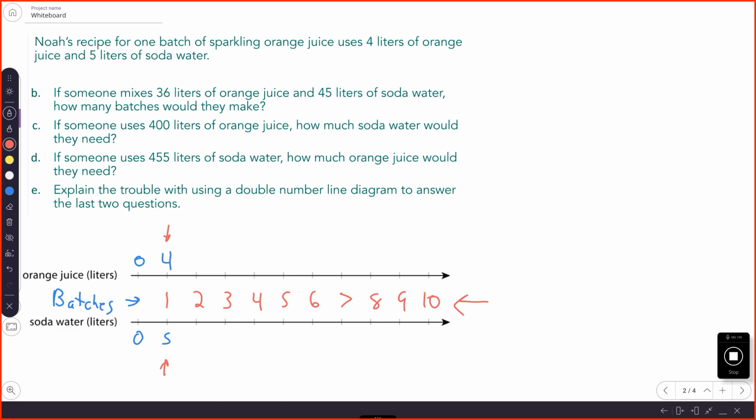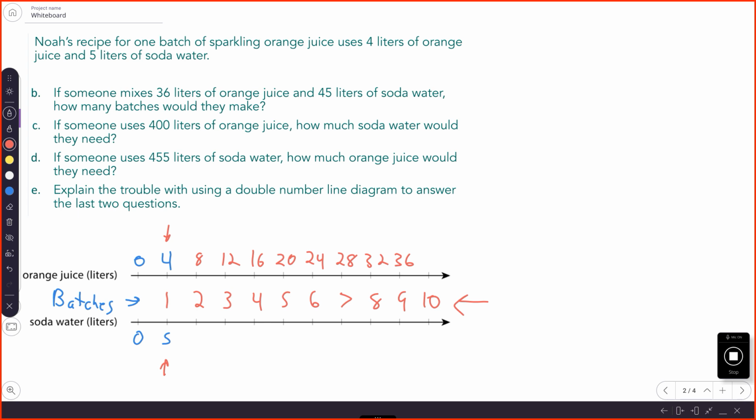Well, what times 4 is 36? 4 times 9 is 36. So 4, 8, 12, 16, 20, 24, 28, 32, 36.